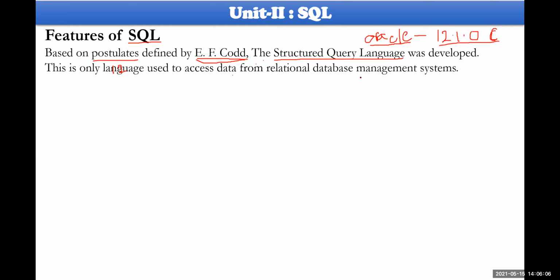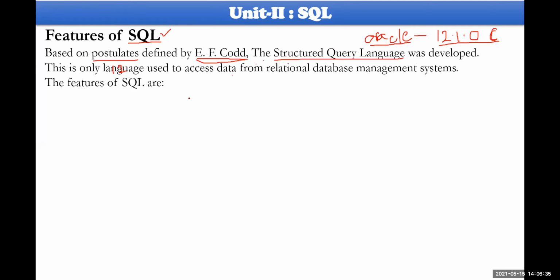There are several features for this language. If you take any language, every language has its own features. Some languages come under structured programming, some are object-oriented programming, some are functional programming. Similarly, structured query language also has some features.